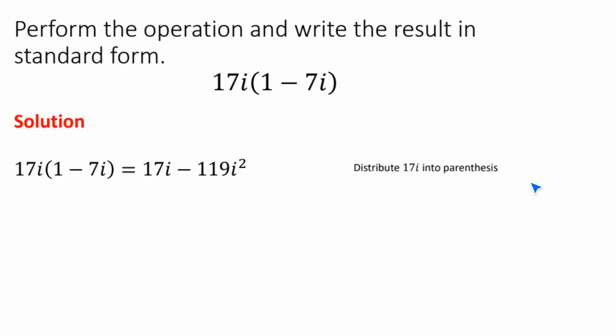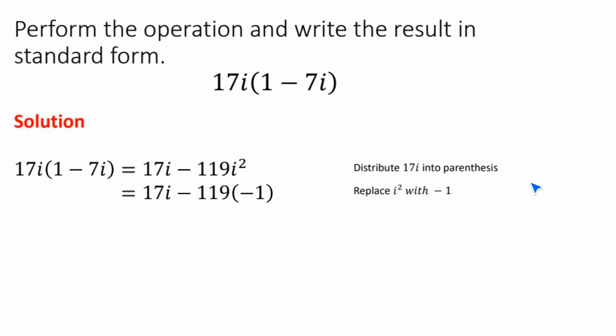A 17i times a negative 7i is going to give me a negative 119i squared. Okay, now we know that I squared is a negative 1, so we're going to go ahead and replace that. Our I squared became negative 1. So now we have negative 119 times a negative 1, which is going to give me a positive 119.